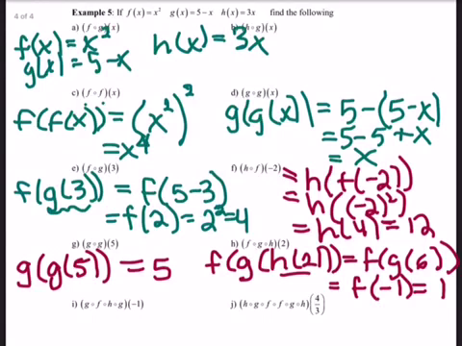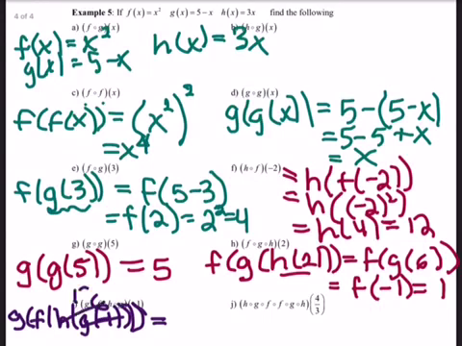Alright, so now if I want to do g of f of h of g of negative 1. Alright, so if I plug in negative 1 to g, I get out 6. Okay, so if I plug in 6 to h, I get out 18.